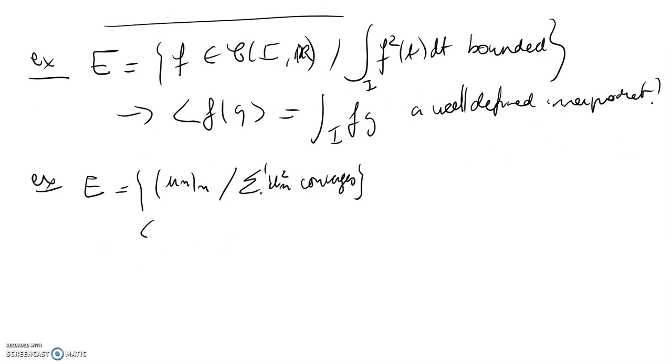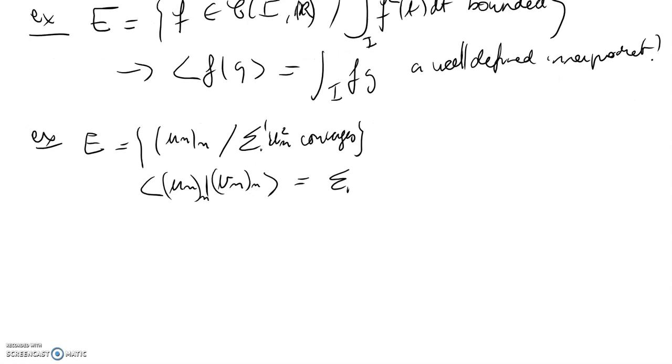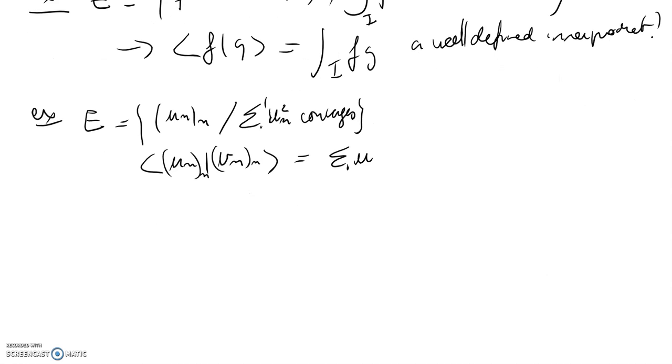Do we have that if I define something like this? I'm defining a product of these two sequences as the infinite series of un times vn.